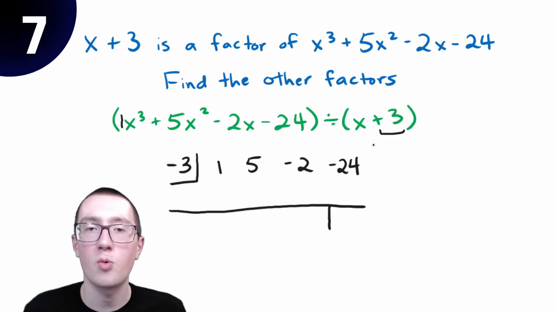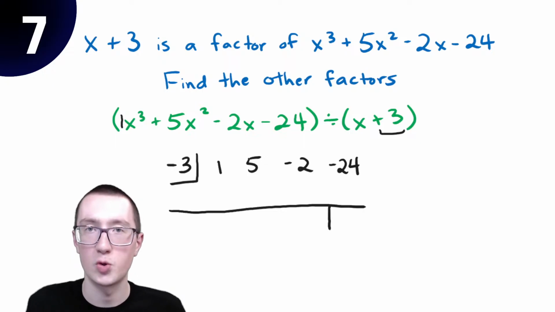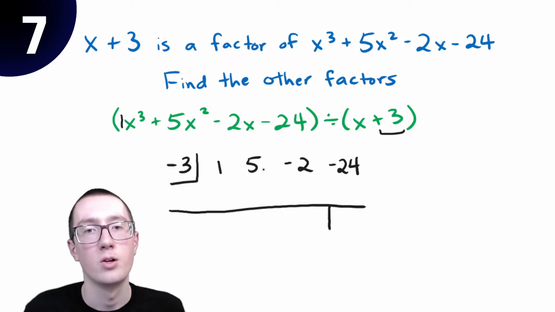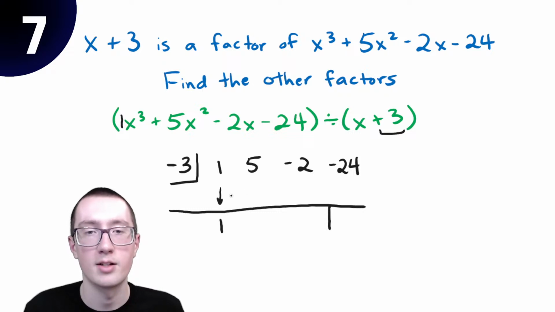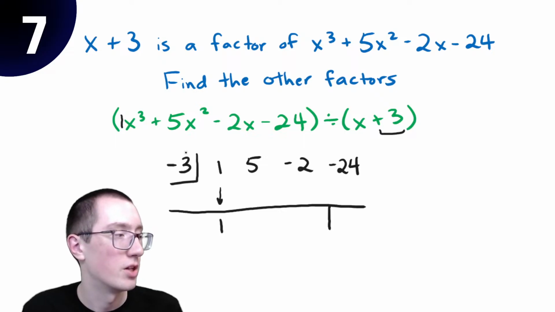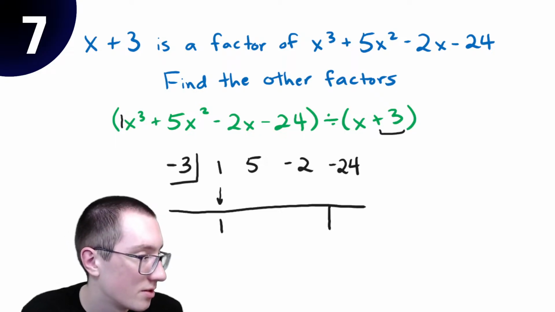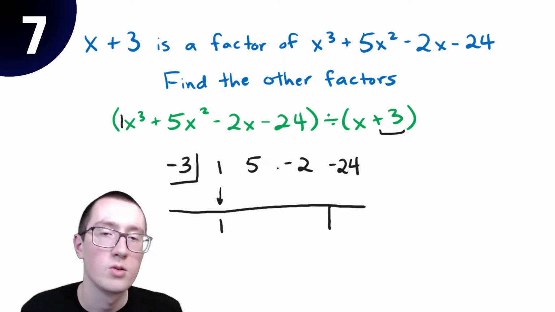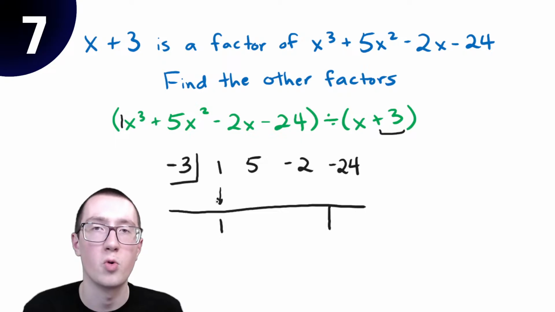So now what we need to do is do multiplying and adding. Multiply, add, multiply, add. That's the process. So we're going to start by bringing down this number, which is 1, and then we're going to multiply and add. And we always multiply by the number in the box here.